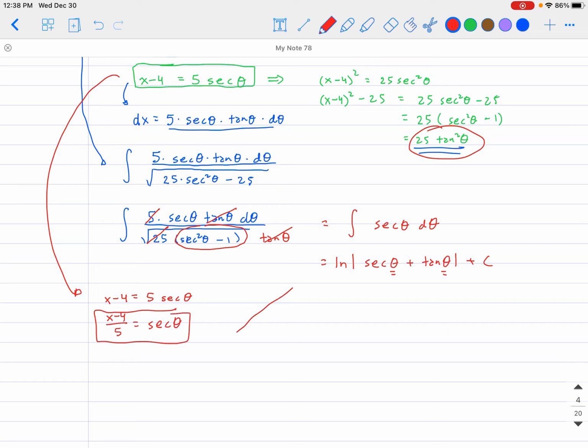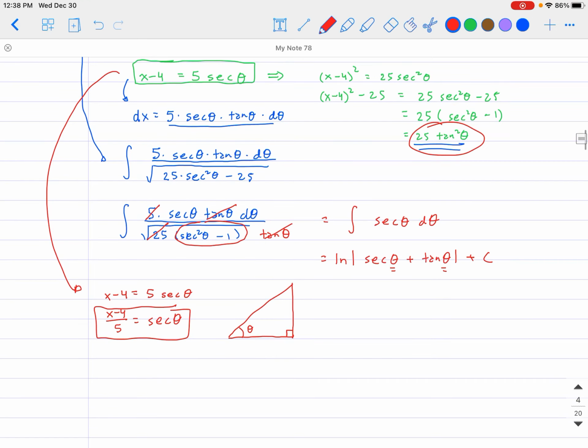Okay, so in that triangle, let's draw that out. So here is going to be my theta, and secant is supposed to be hypotenuse over adjacent. So that means that x minus 4 is over here, and then adjacent is going to be over here, which is 5.